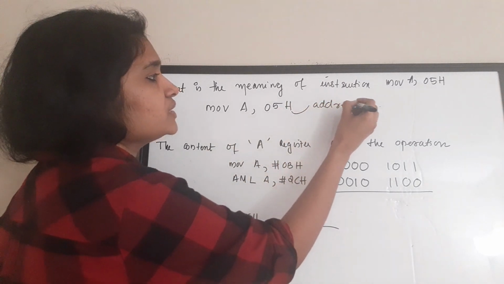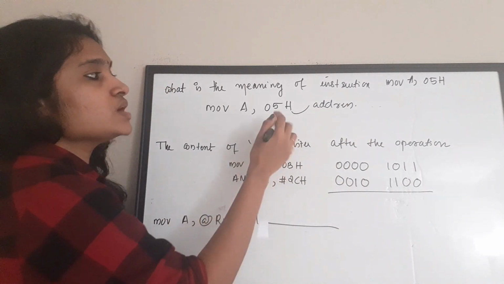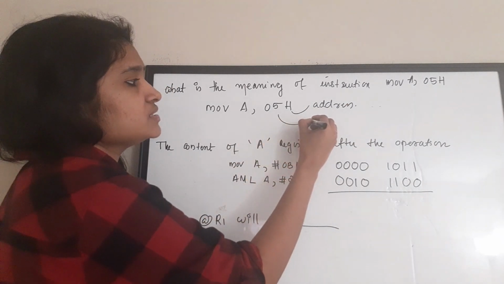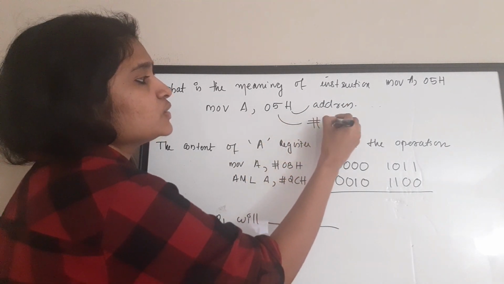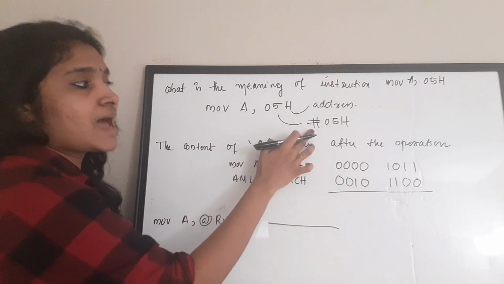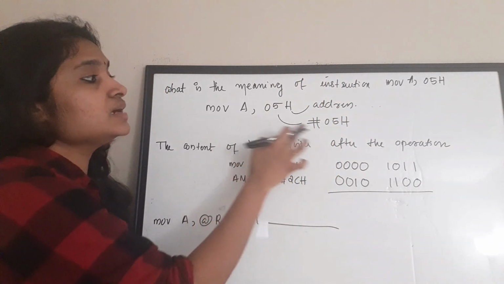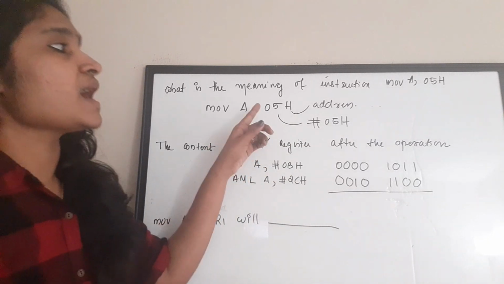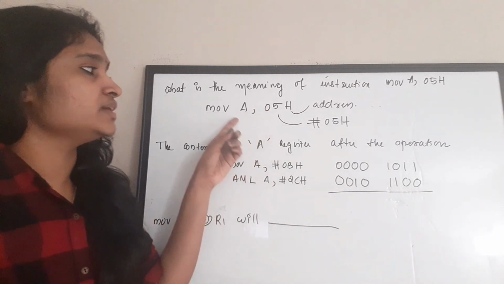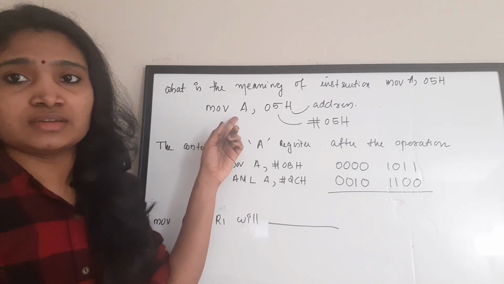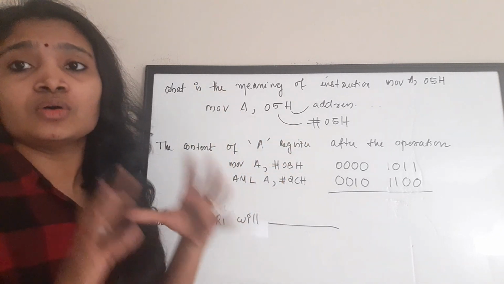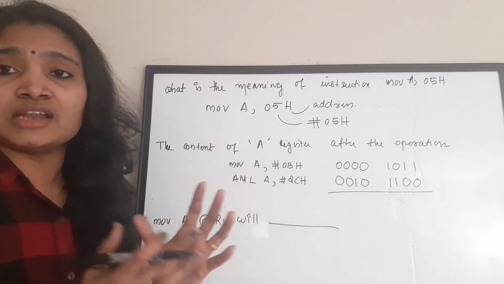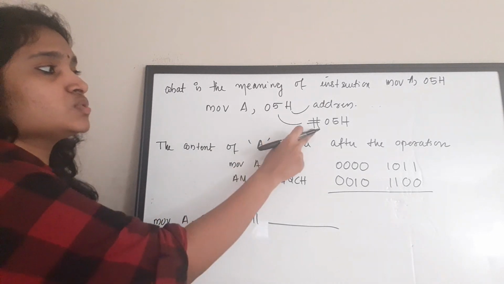Now how do you figure out whether it is an address or not? If it was data, then you would represent it using hash, #05H. This hash indicates that this is data. If a hash is not present, it means this is an address, and the content at this address is getting stored to the accumulator register. Immediate values or data are always associated with a hash.